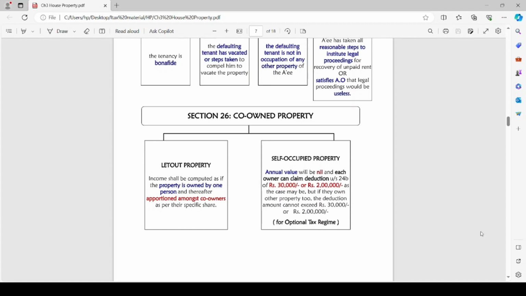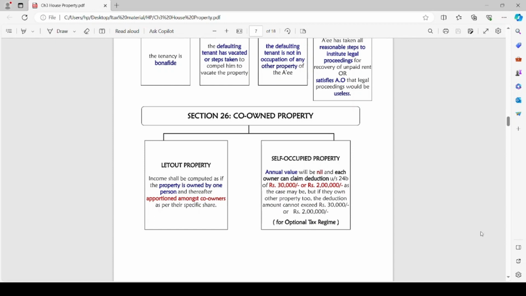It says the annual value will be nil. We know that for self-occupied property, NAV is nil. The assessee cannot claim 30% standard deduction under section 24A. But under section 24B, each one of them can claim 30,000 or 2 lakh if he has taken a loan.